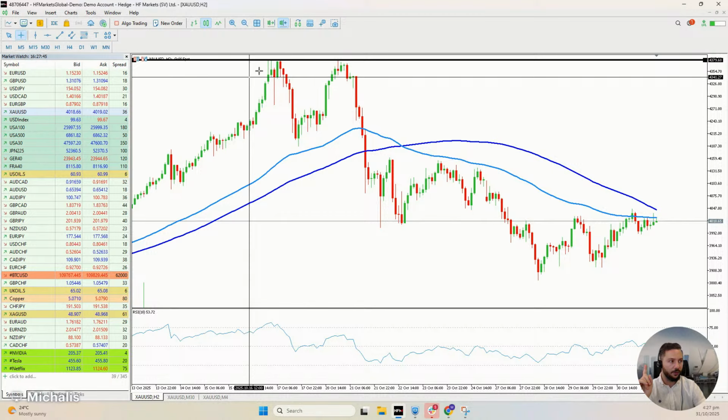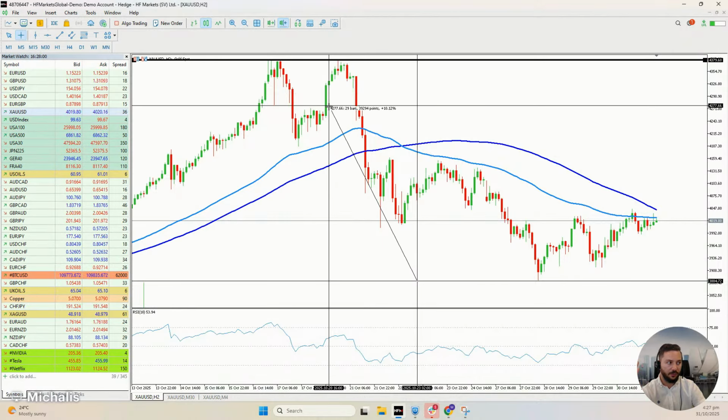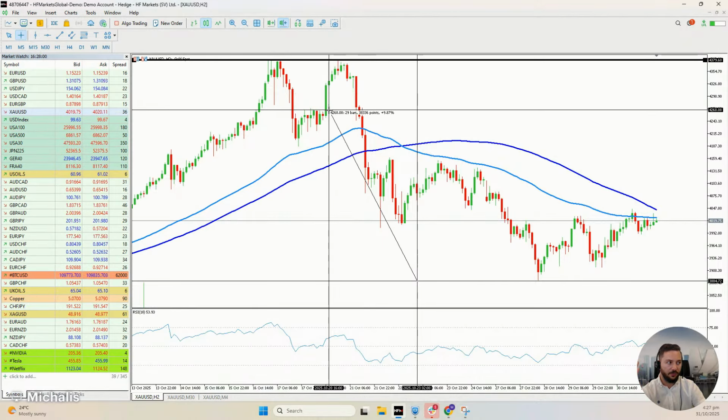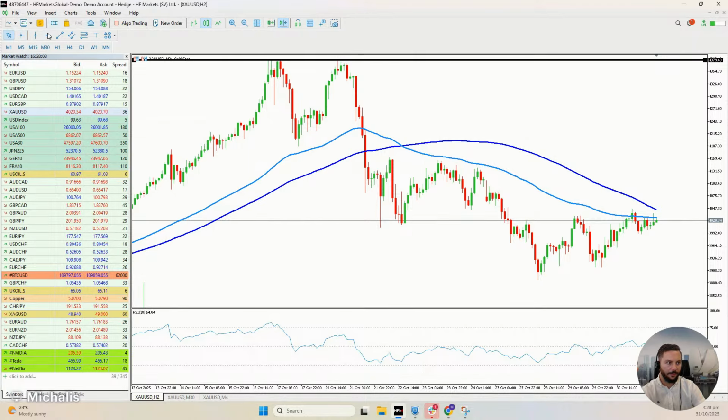Or alternatively, what a lot of traders would do is they'll only aim for 75% of that. So instead of waiting for the price to go all the way up to this resistance point, which is 13%, they would actually aim for 75% of that, which is approximately, ladies and gentlemen, 0.60%, which is basically here.